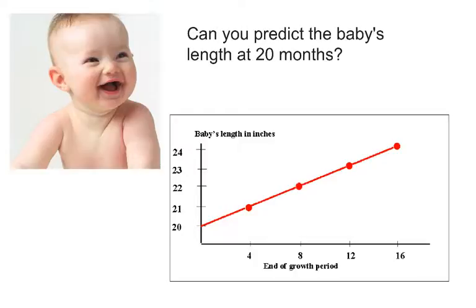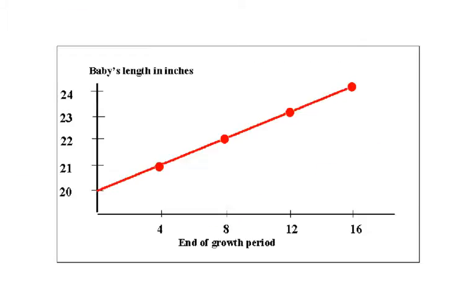Let's take a look at how we can figure this out based on the linear graph. If you look at this graph, there's a pattern. For every 4 months, the baby grew 1 inch.